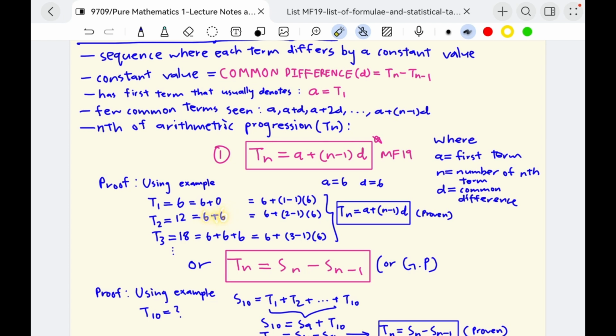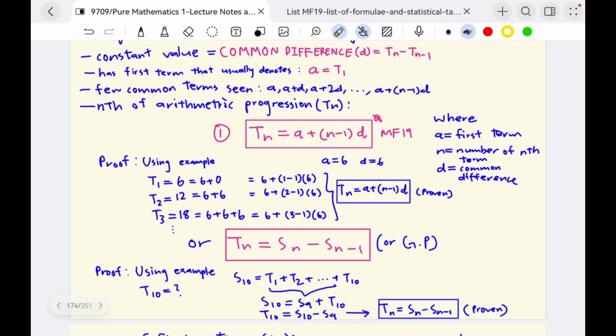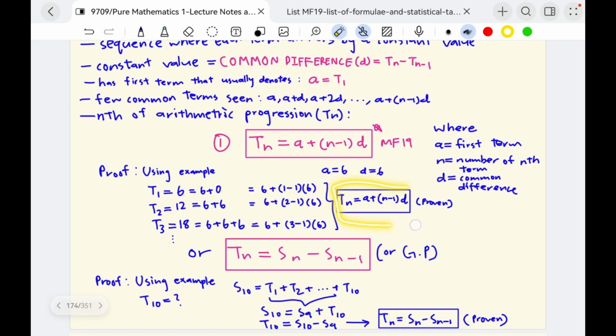So it is actually the first term plus 6, or 6 plus 1 times 6. Following the recurrence, we have the deduction that it is an arithmetic progression or arithmetic series. So we can summarize the formula, therefore proven.